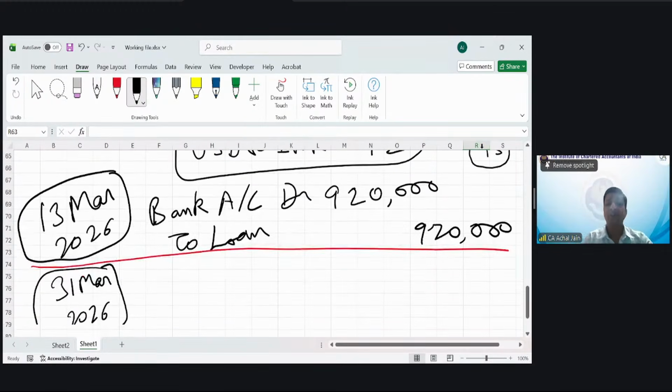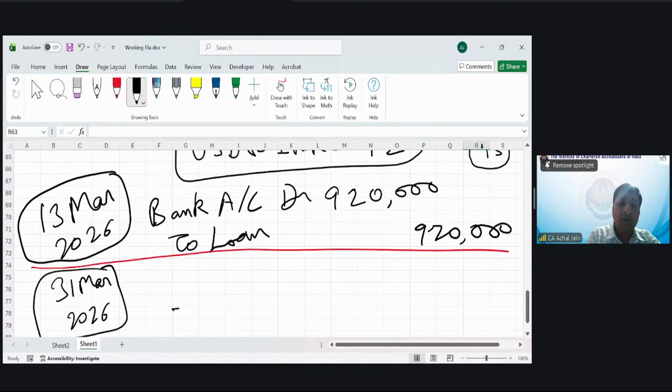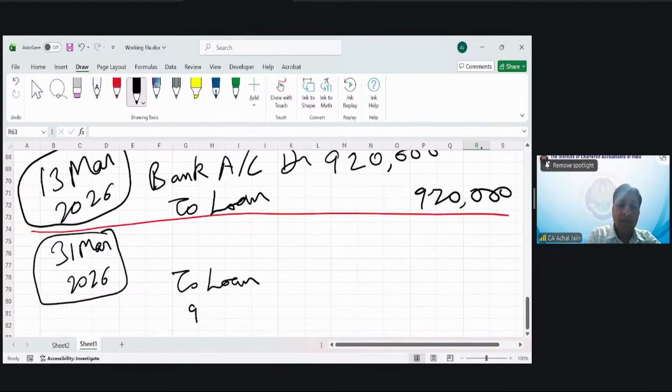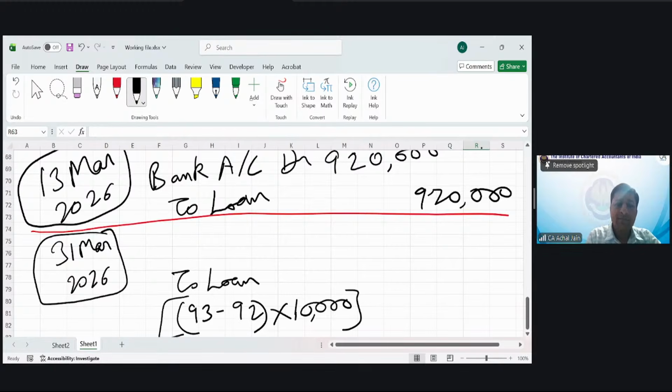So how do you restate? You'll have to increase the amount of loan. So we'll say to loan 93 minus 92 into 10,000. Right? So you will increase the amount of loan by 10,000. So if the liability has increased, where do you take the impact?